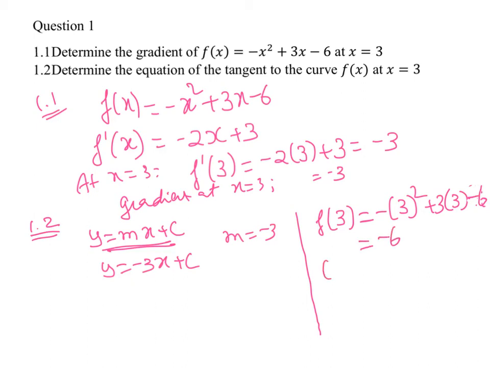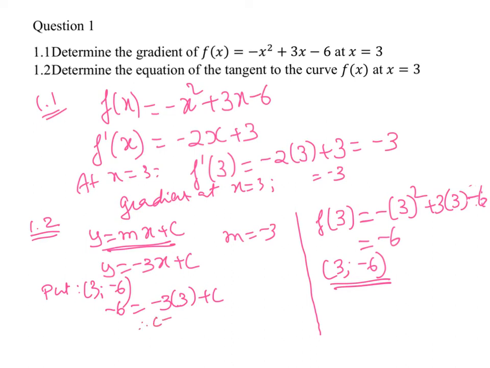So the common point of the curve and the tangent is (3, negative 6). I substitute this point here: negative 6 is equal to negative 3 times 3 plus c. I solve for c. Therefore, I get c is equal to 3.